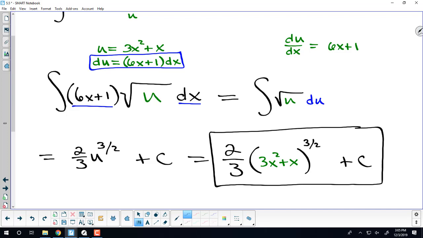Right, because if you took the derivative of your substitution again, this notation is kind of weird. Would it be d squared u? Yeah, d squared u here.